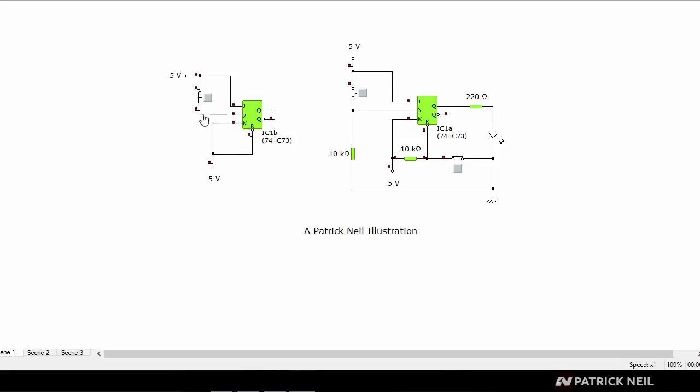So right here, the input is normally high. When we break the switch, it will go low. And you have to pay close attention and see that the flip-flop is not going to react. The moment the switch is broken, nothing is going to happen because it went from high to low.